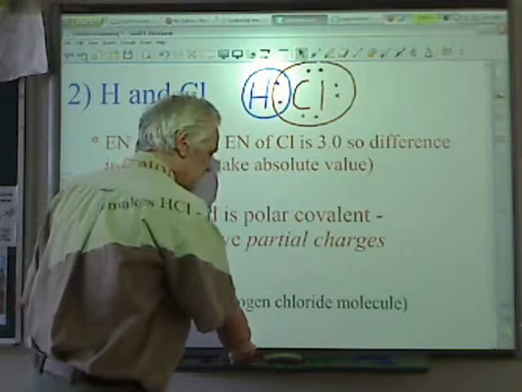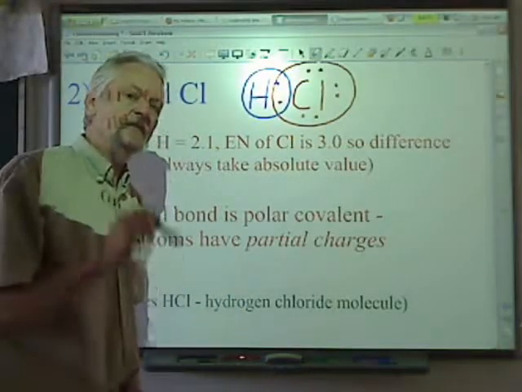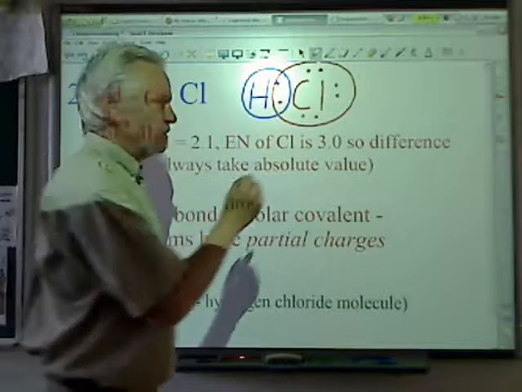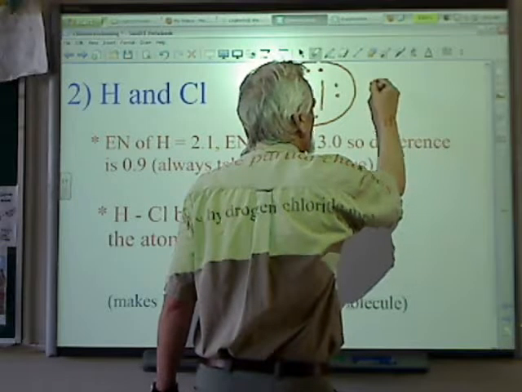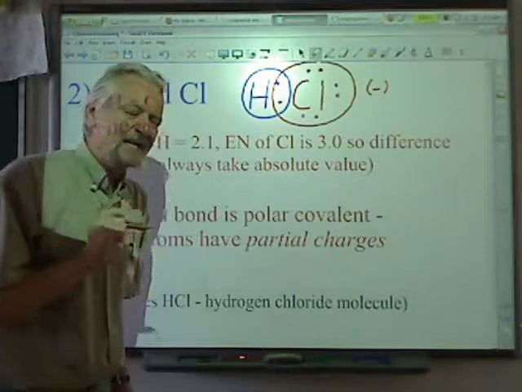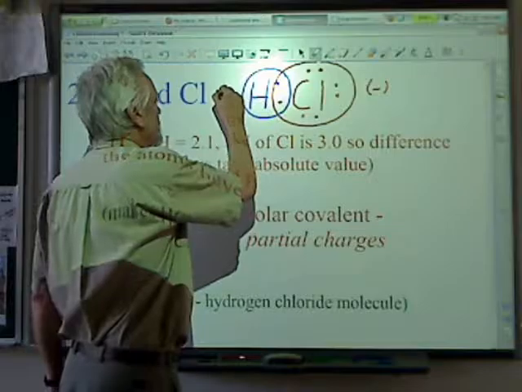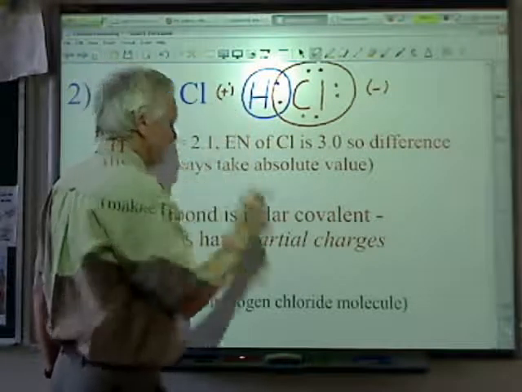That is to say, because chlorine is more electronegative than hydrogen, it ends up with a partial negative charge on its end, whereas hydrogen ends up with a partial positive charge.